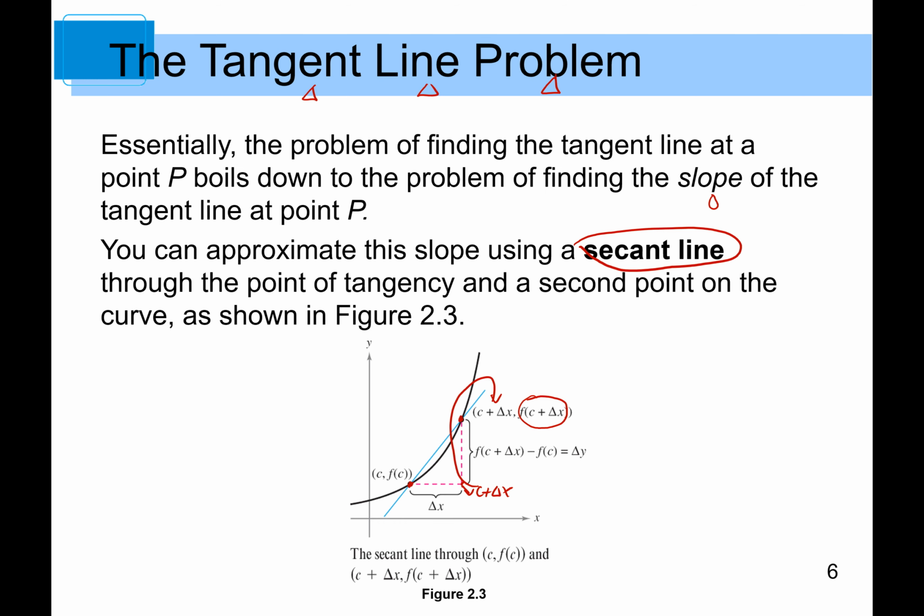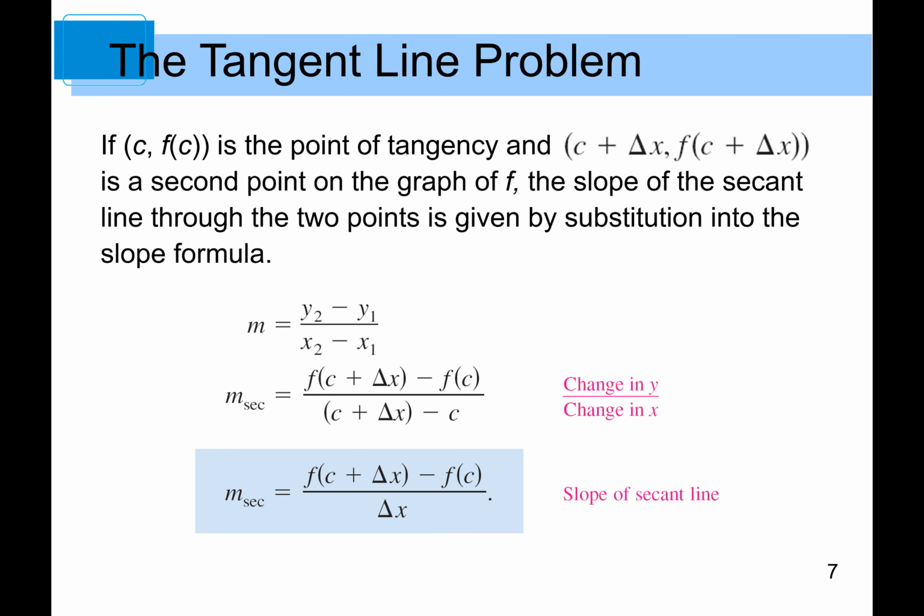In this case, the slope could be estimated using vertical change over horizontal change. Vertical change is f of c plus delta x minus f of c. Horizontal change is c plus delta x minus c.